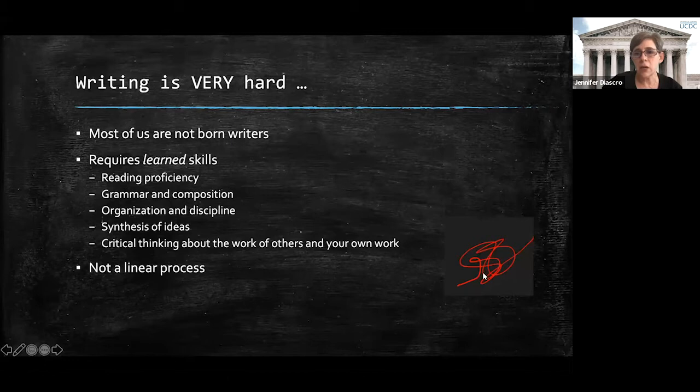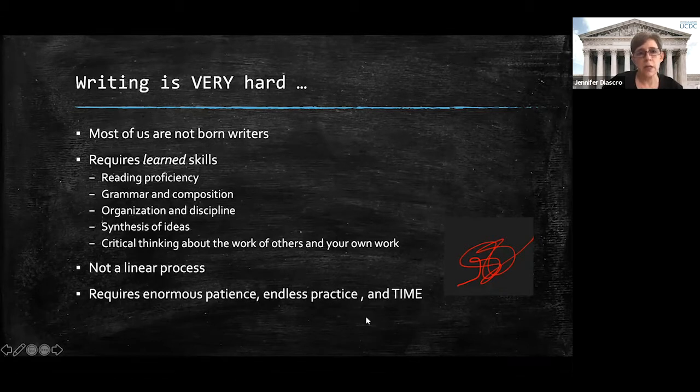But in here, there is a lot of making left and right turns and going backwards and looping around before I get to the end. And I just think it's really good to remember that it is a chaotic process, that it takes a lot of time, it takes a lot of patience, and it takes endless practice to get to a point where you feel comfortable writing. This is really just a lifelong struggle in some cases, certainly a lifetime challenge, and a lifetime effort to do this well.